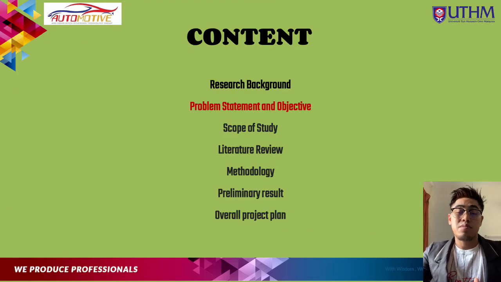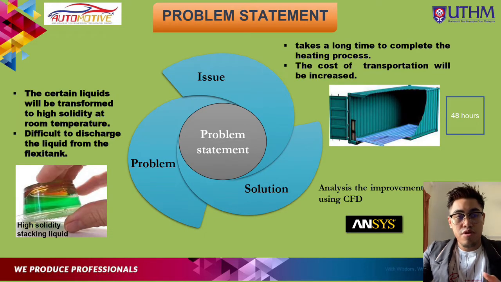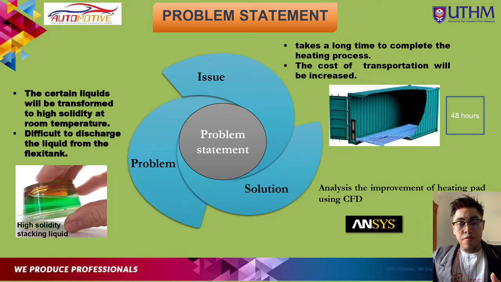calculation. Problem statement of my project. Variation in heating pad configuration for flexitank application influences the time taken to complete the liquid heating process. Basically, the flexitank is filled with various liquids to be exported, but certain liquids will transform to high solidity at room temperature.